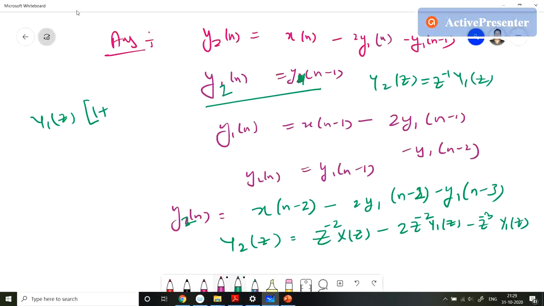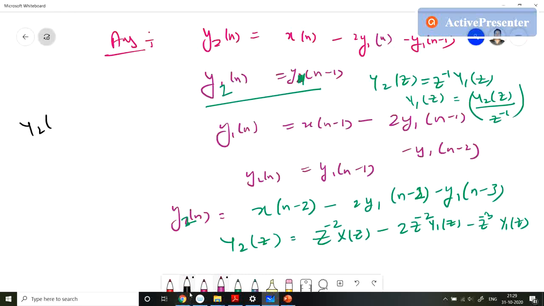So what is Y1(z)? Y1(z) is Y2(z) divided by z raised to the power minus 1. We can put the value of Y1(z) here, so all these terms will be in terms of Y2(z) and X(z).